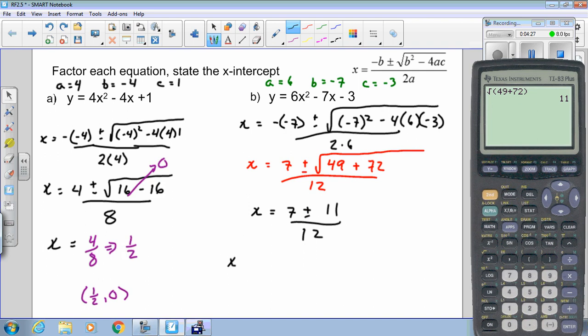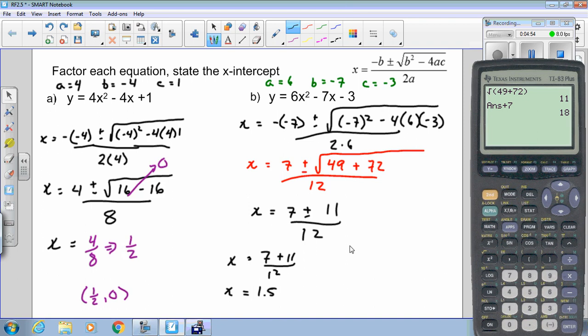I'm going to do this once for a positive and once for a negative. So my first root would be 7 plus 11 over 12, which would be 11 plus 7, which is 18 over 12, which would be 1.5. So my first root would be 1.5.